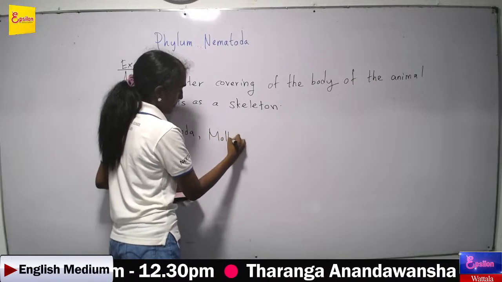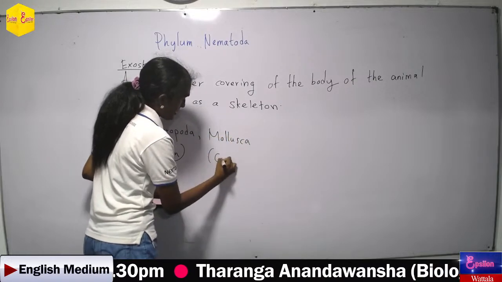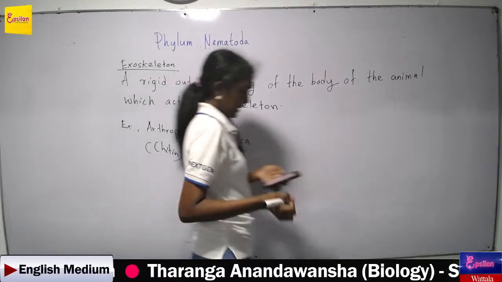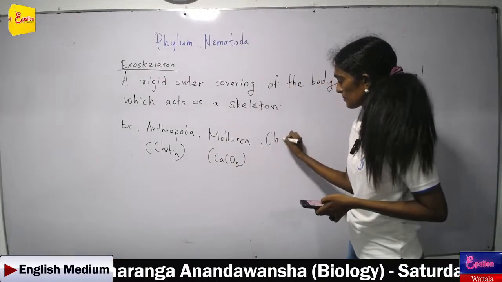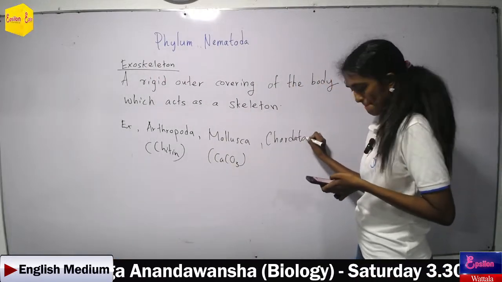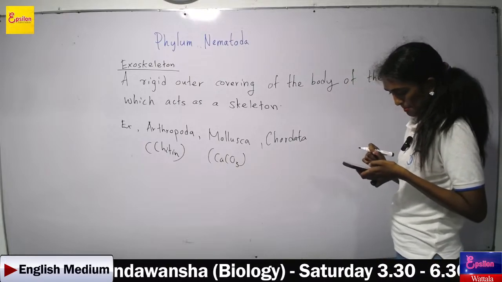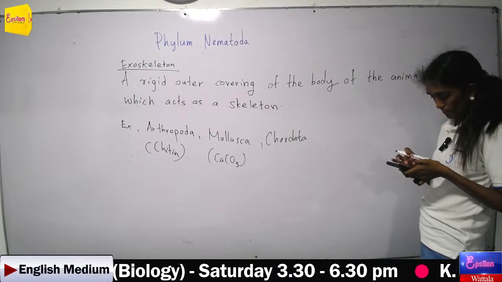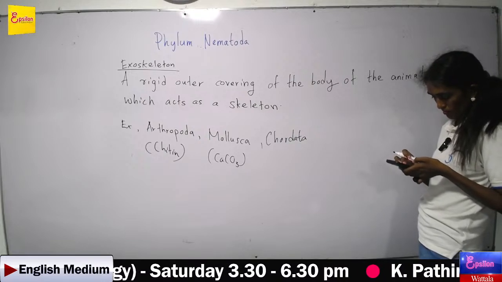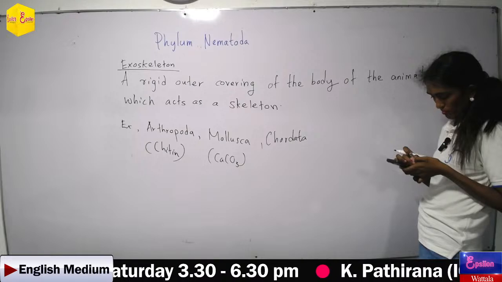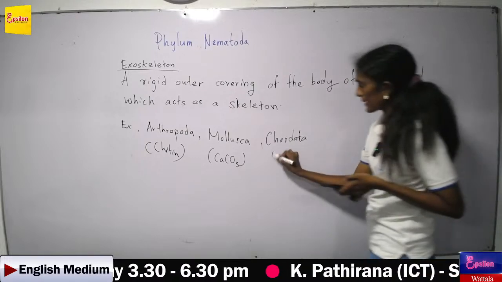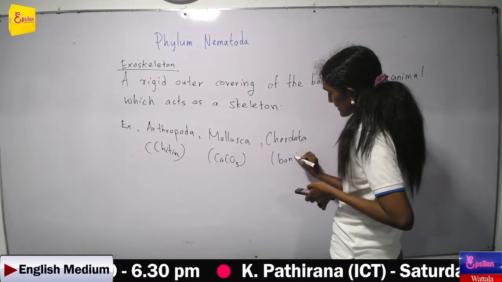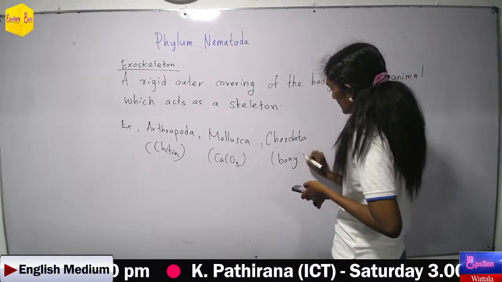Mollusca: CaCO3. And Chordata: yeah, they have bony plates there. Bony plates, still made up of calcium carbonate, right?